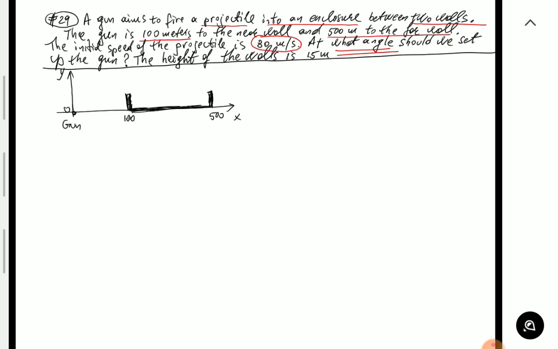So there are two requirements essentially. You want to pass the near wall, so you don't want to shoot too short, and you don't want to overshoot the far wall.